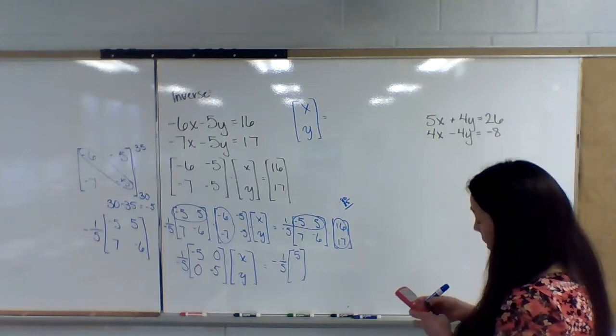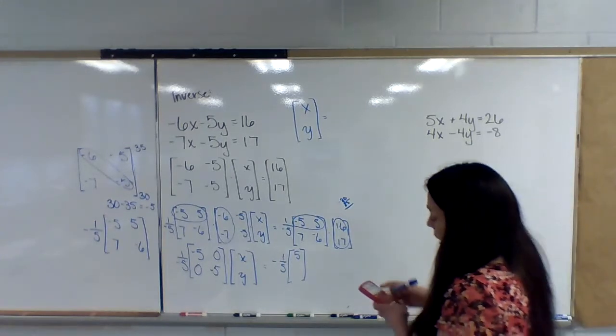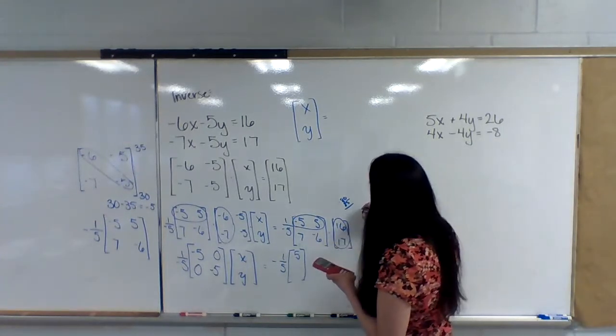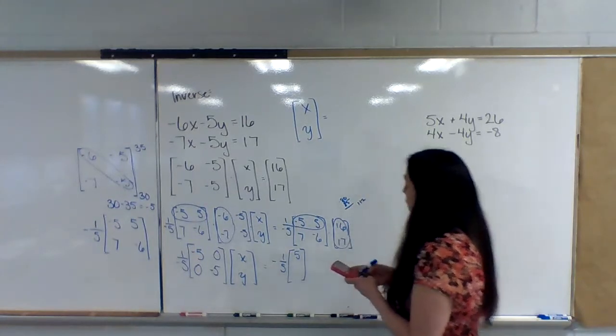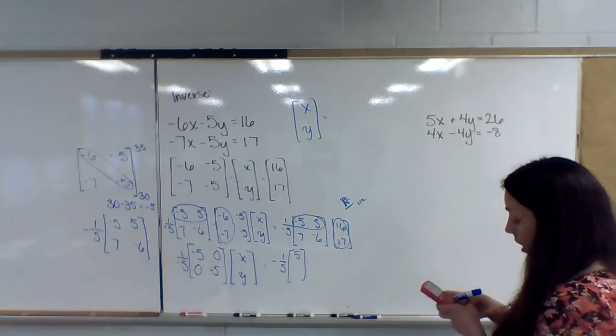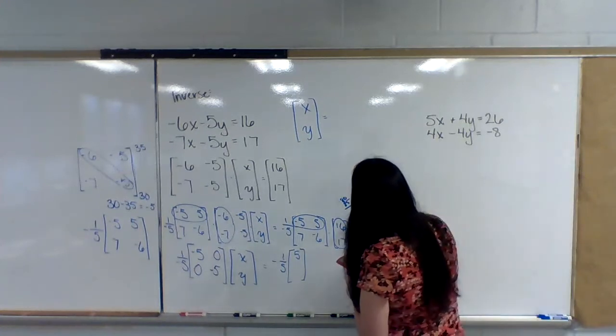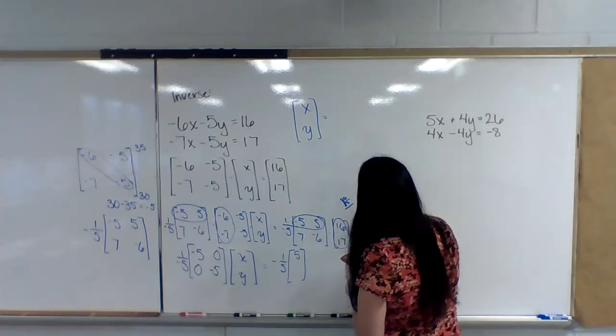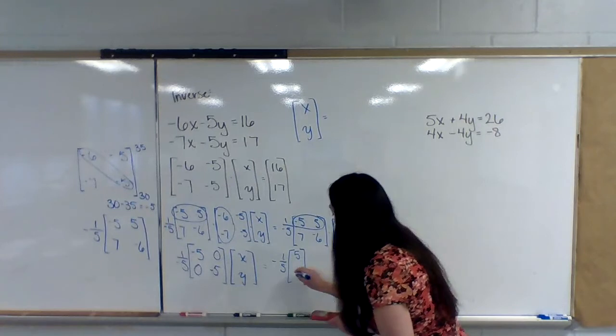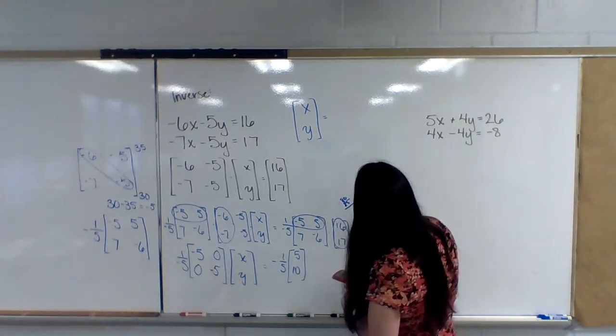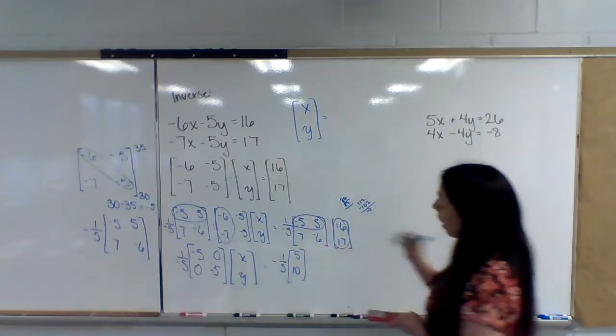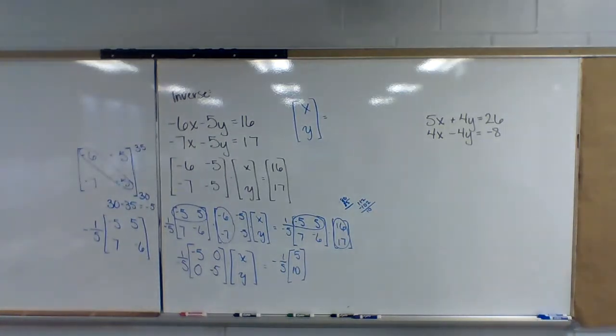Bottom row, I have 7 times 16. 7 times 16, they're both positive, 112. 6 times 17 is 102, but that's got to be negative. And so I'm subtracting. That means that answer is 10. Let's see, +10. Good. So we got a +5 and a +10 right now.